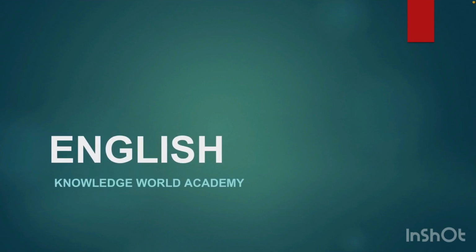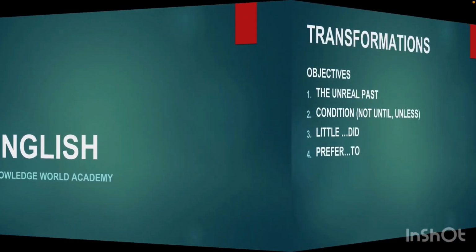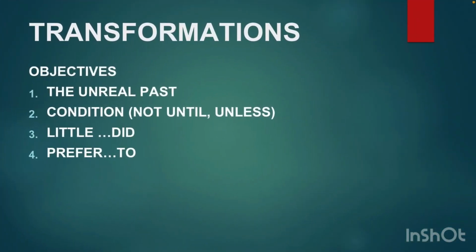So, we are looking at transformations. Now, the approach here is somewhat different. We are not just going to look at one structure or one topic. No, we have combined different ones. Now, I am going to simplify them.